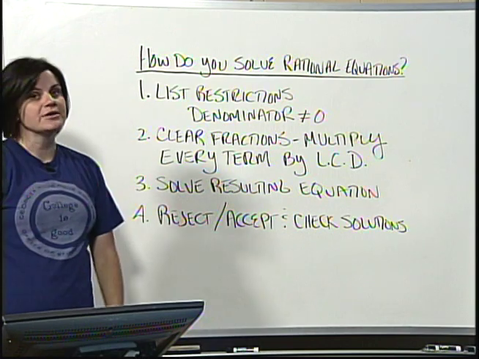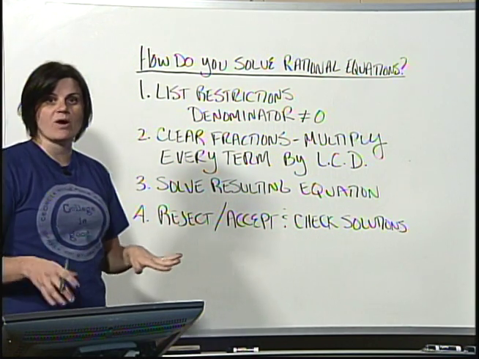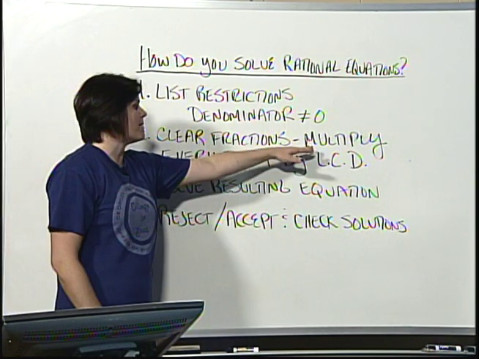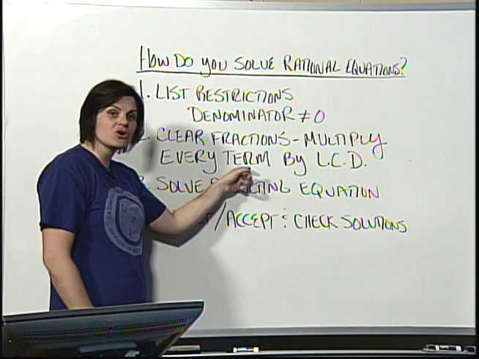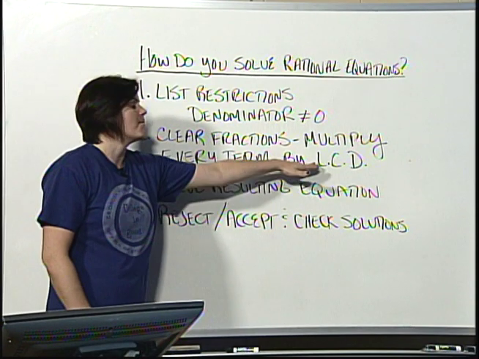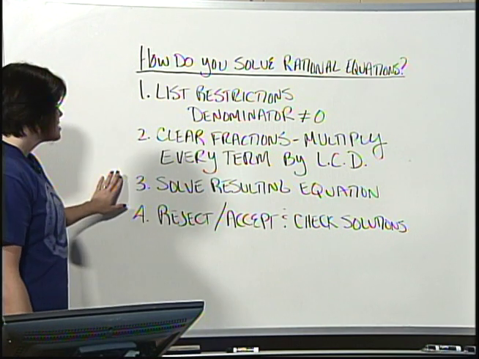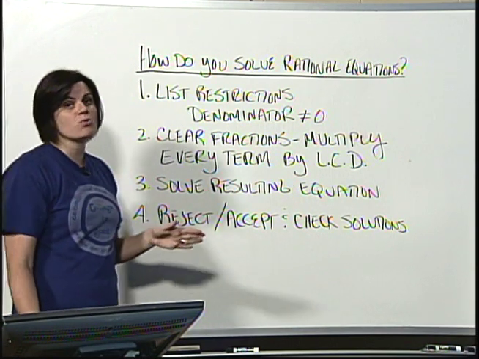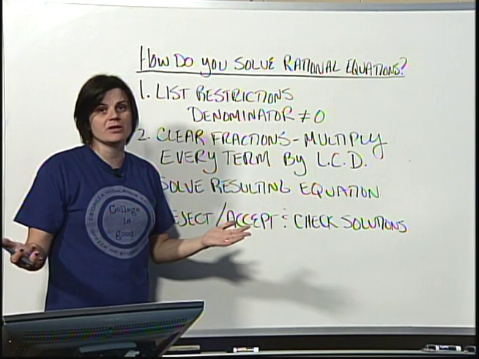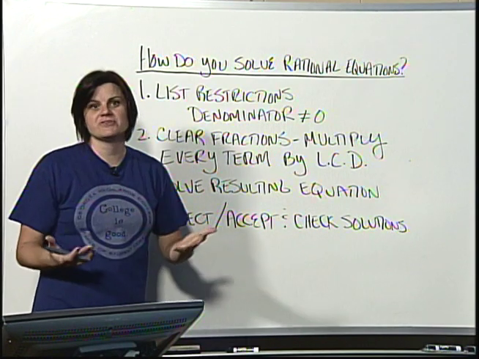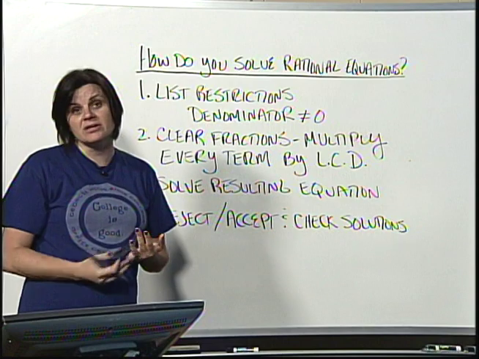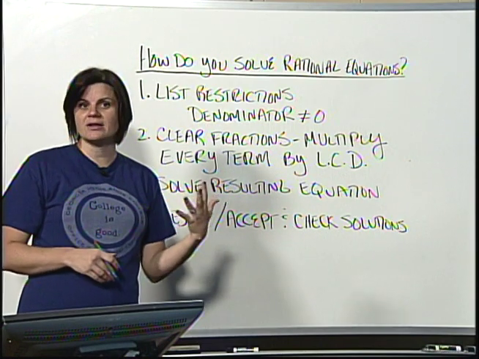Secondly, you're going to clear fractions out of the equation. And you're going to do that by multiplying every term in the equation by the LCD, or least common denominator. Then you'll solve the resulting equation. Now that may look different for different types of rational equations. You might end up with a linear equation or a quadratic equation.